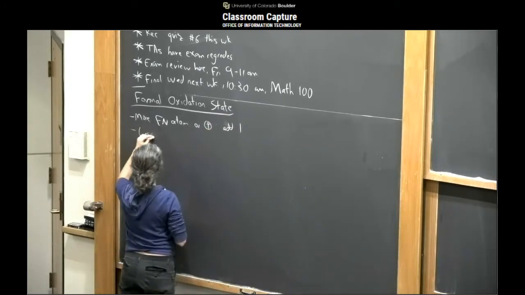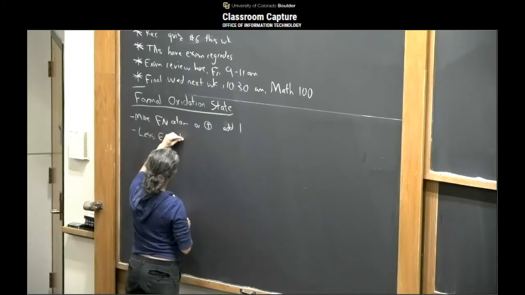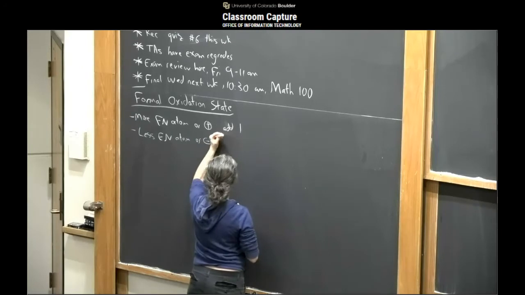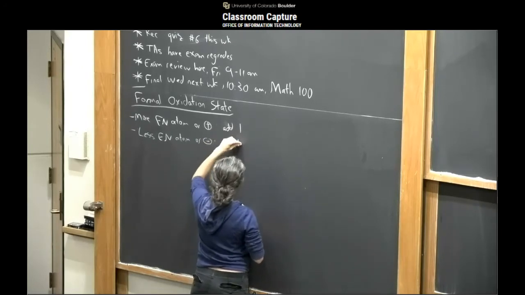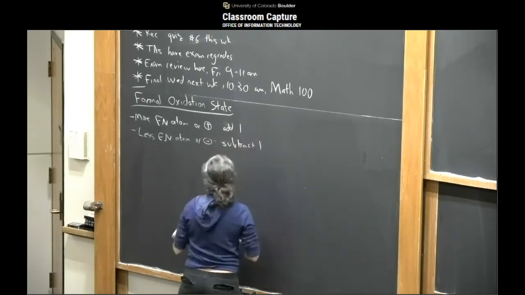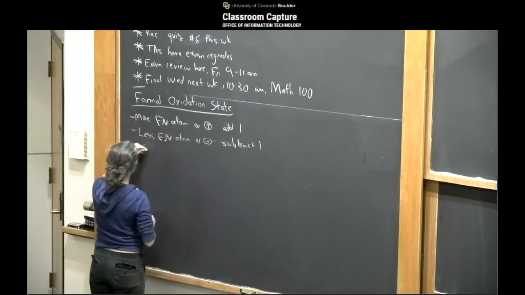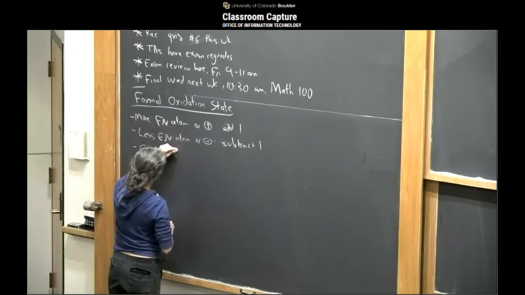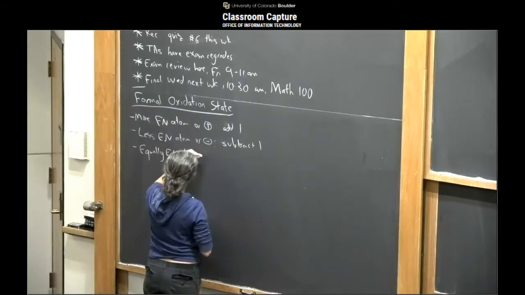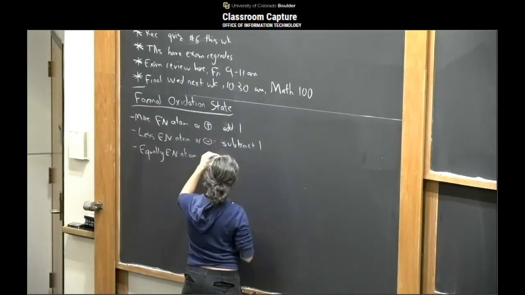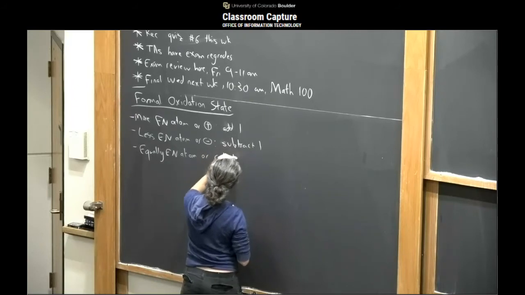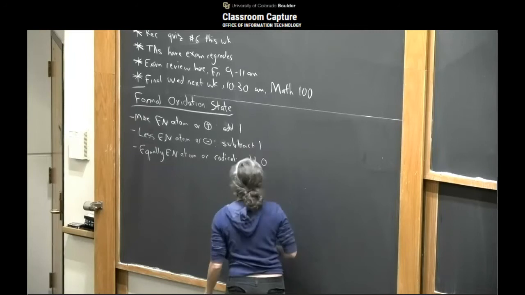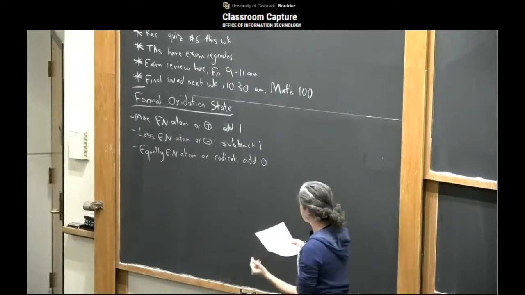For each less electronegative atom or minus charge, we're going to subtract 1. And for each equally electronegative atom, or radical, we're going to add 0. Okay, so we saw a few examples.